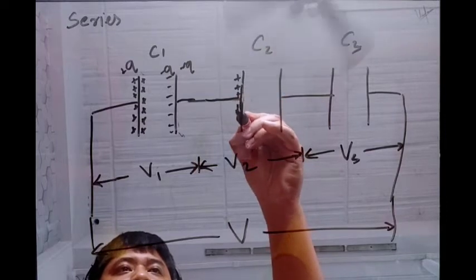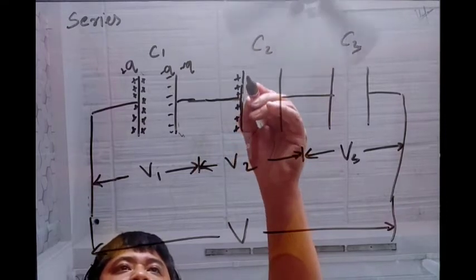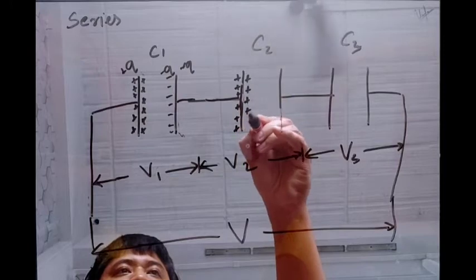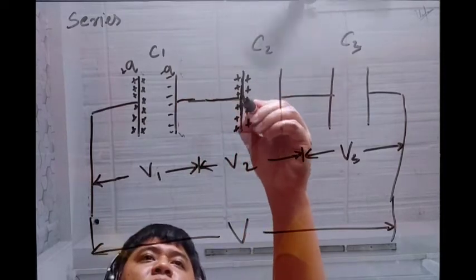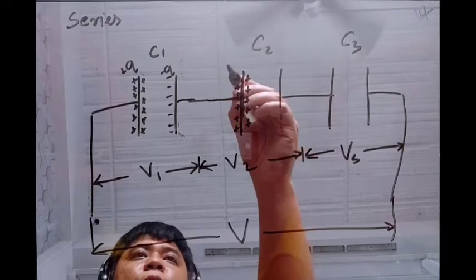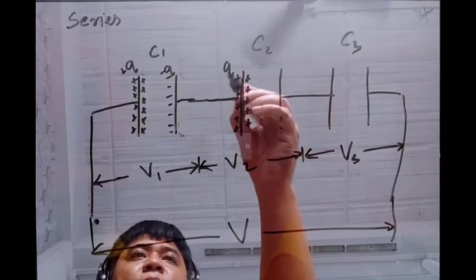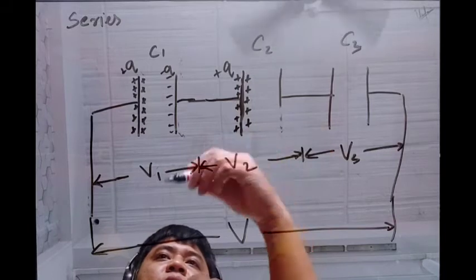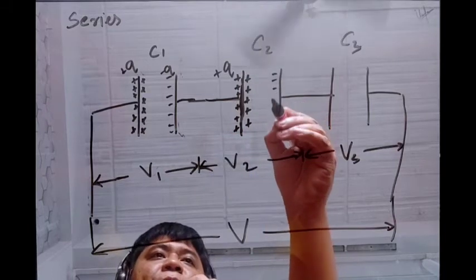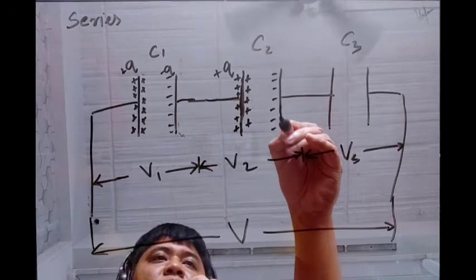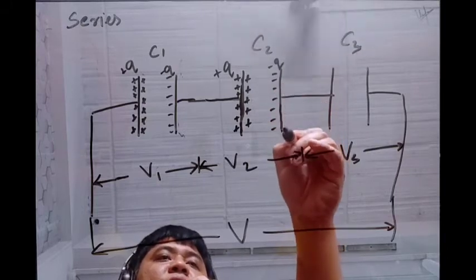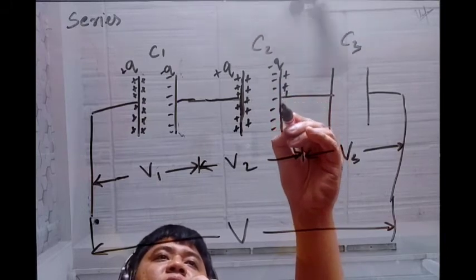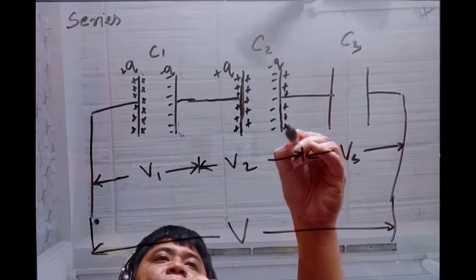to the next plate of capacitor C2. So C1 supplies charge plus Q on the left face of C2. So it becomes plus Q, which in turn induces minus Q on the other face of C2.